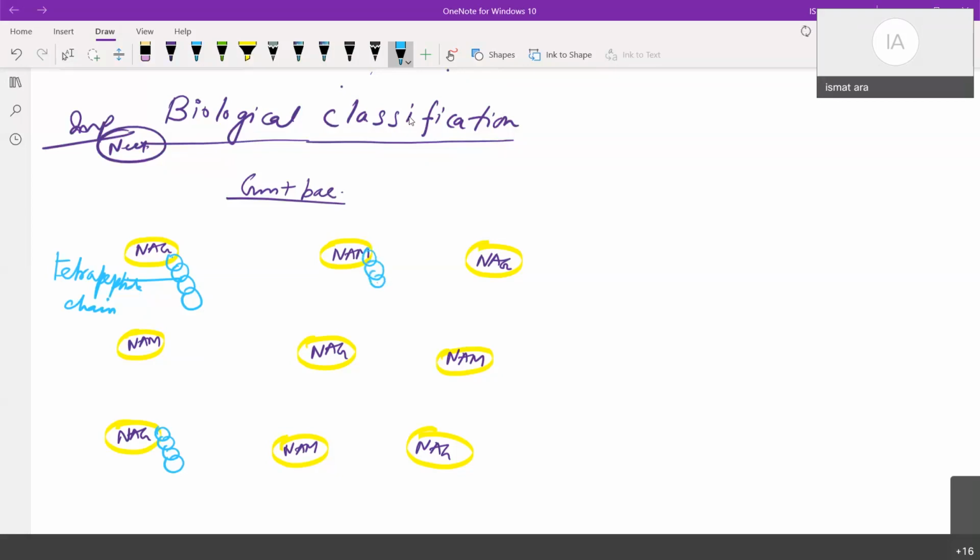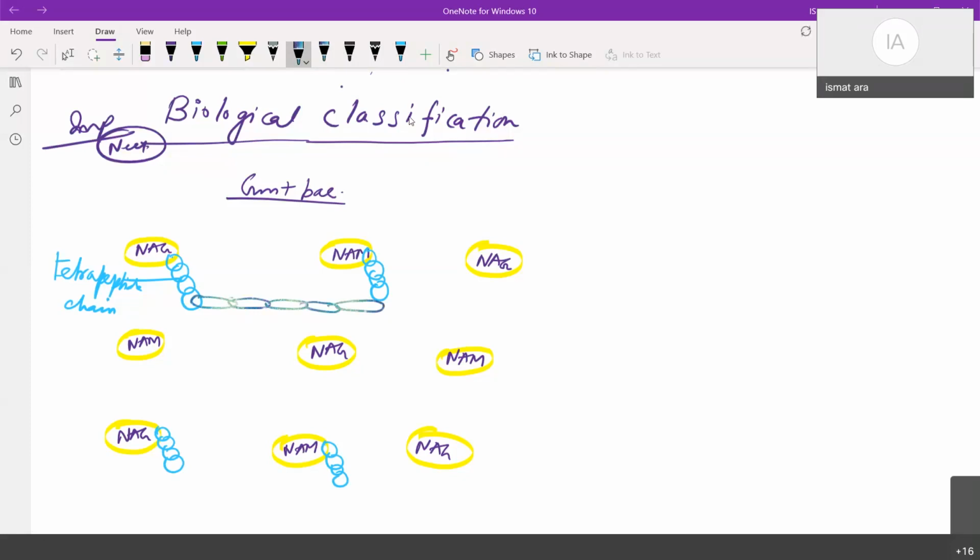This one. Same here also. This one. Tetrapeptide chain. Same composition, student. Alanine, glutamic acid, and lysine. Okay, but they are not directly linked, student. These tetrapeptide chains are linked with a pentapeptide chain. See the structure? They are linked with 1, 2, 3, 4, 5, like this.